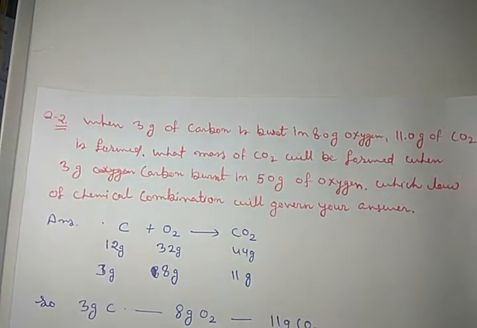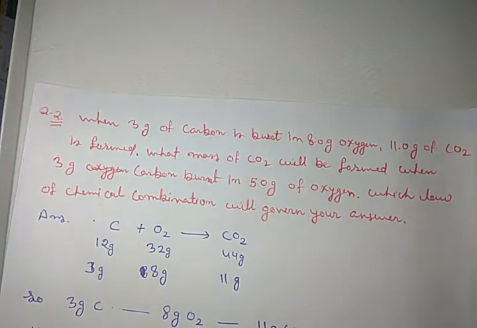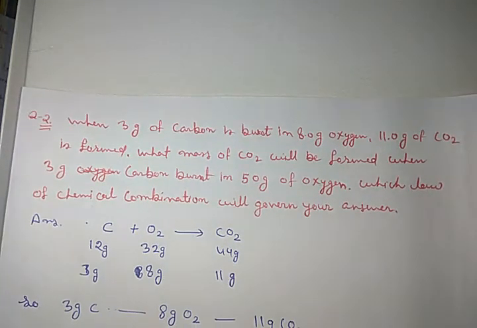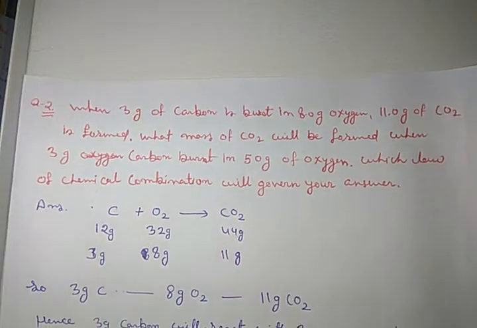Now the question: what mass of carbon dioxide will be formed when 3 gram carbon is burnt in 50 gram of oxygen? Which law of chemical combination will govern your answer? That means we have to tell how much carbon dioxide will form for 3 gram carbon and 50 gram oxygen, and on the basis of which law we give that answer. Clear? So let me discuss it.